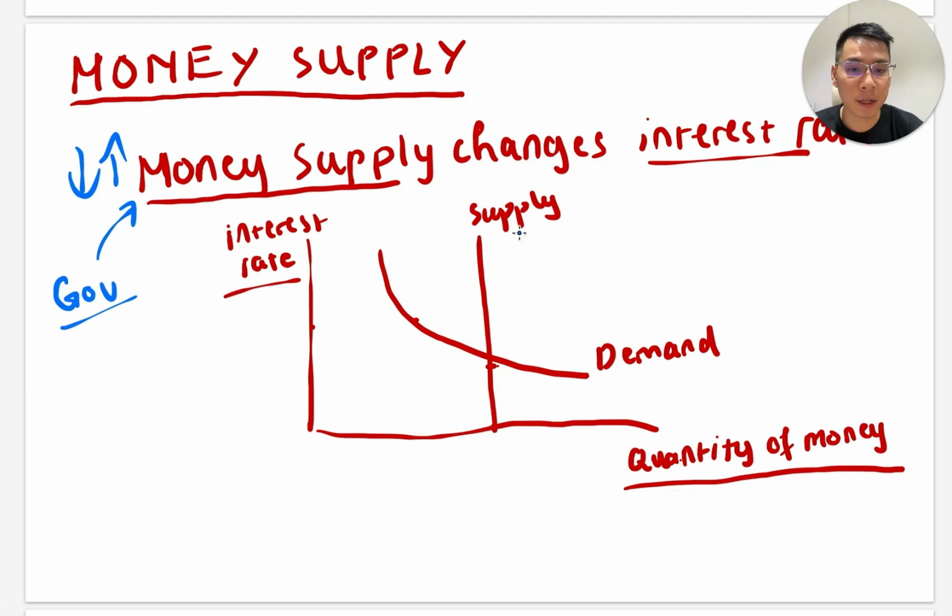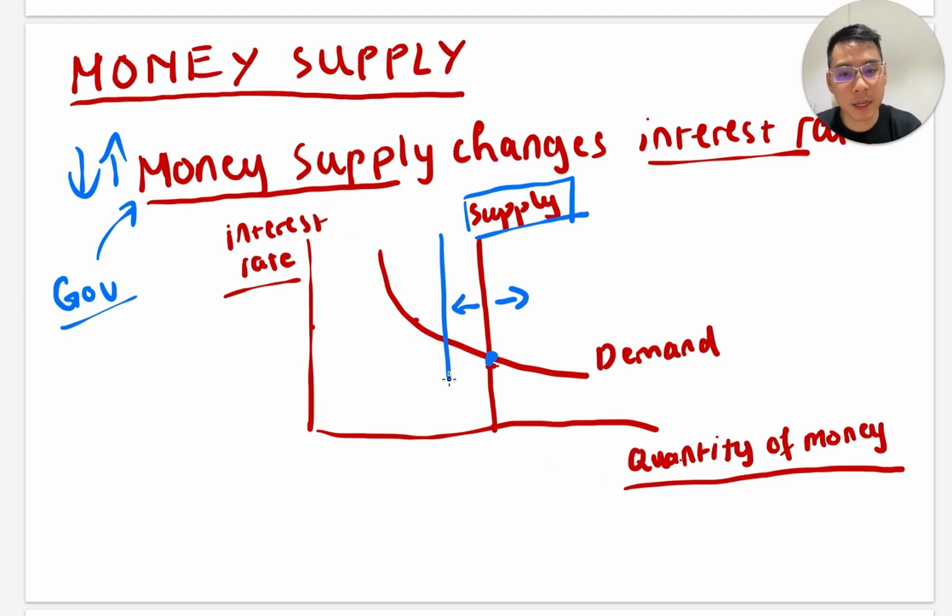If you look at the market, what the government would do is set the money supply as perfectly vertical, or in economics, we call it inelastic, okay? They have the control of shifting the money supply leftward or rightward, which causes a negative relationship between the equilibrium interest rate and the quantity of money.